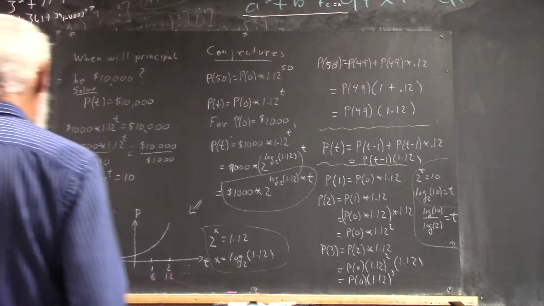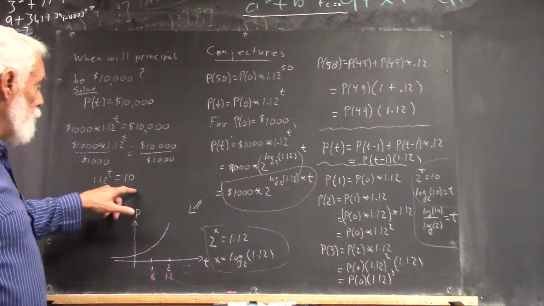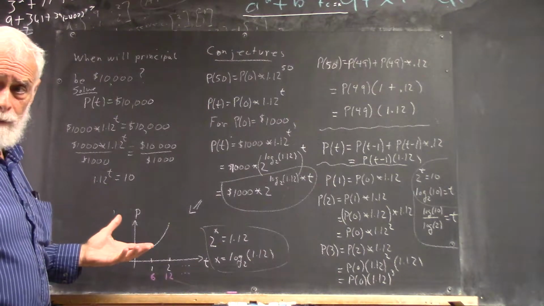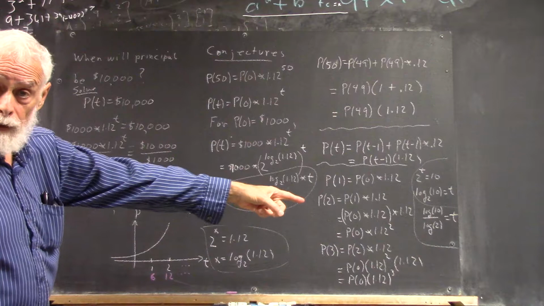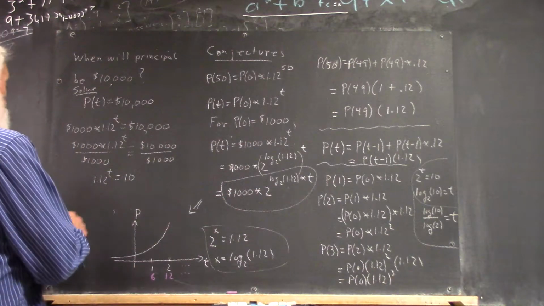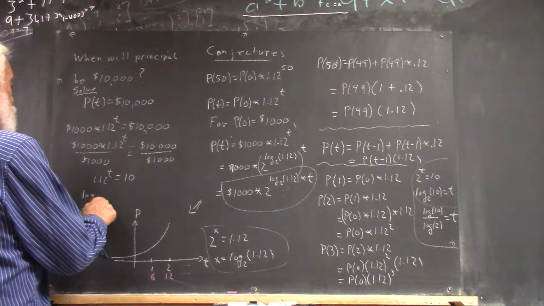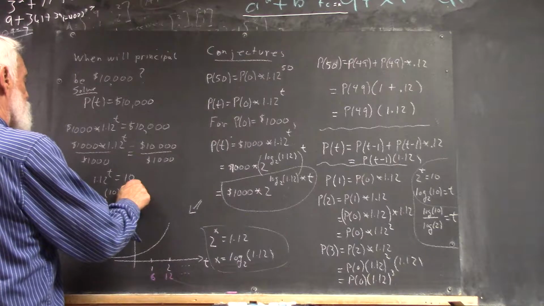Okay? So, you've got 1.12 to the t equals 10. How do you think that's going to work out? Just by analogy with what you have there, it's going to say log base 1.12 of 10 equals t.